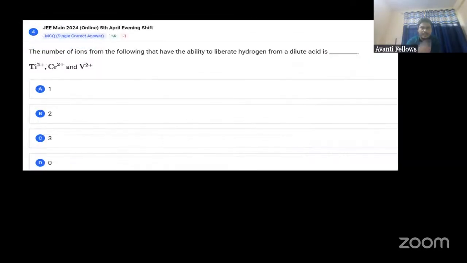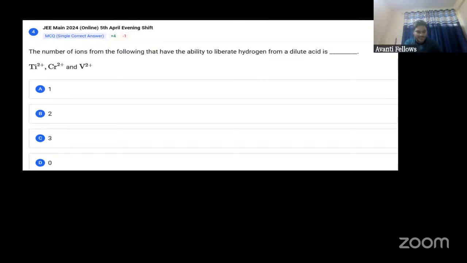Good. Now the next question. The number of ions from the following that have the ability to liberate hydrogen from a dilute acid. Who can liberate, tell me quickly?